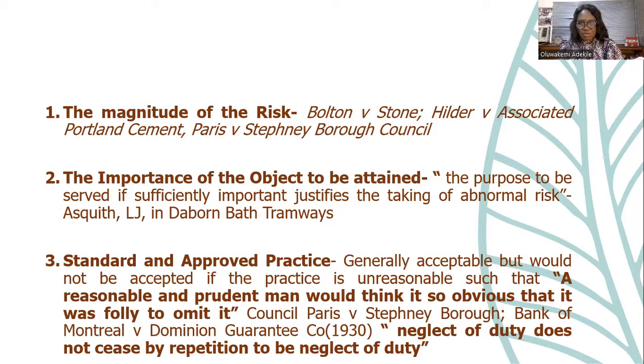But that is not a risk that you would take at the expense of killing someone else. You cannot say you want to save one life and then end up killing others. But we are just saying that it will weigh heavily in looking at whether they have met a particular standard of care. You look at sometimes the approved practice, the standard practice, especially in a particular profession.